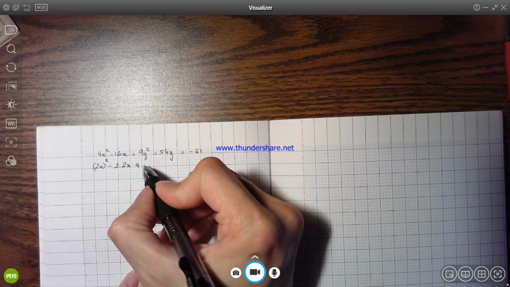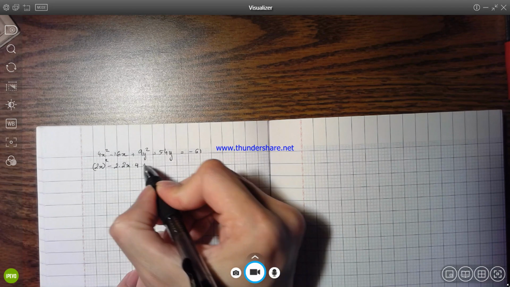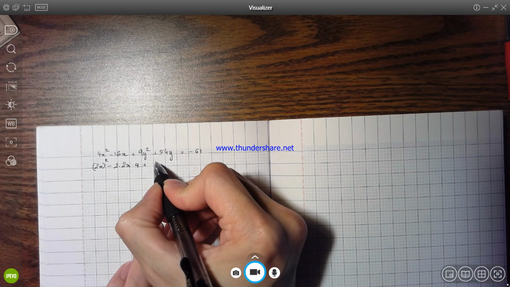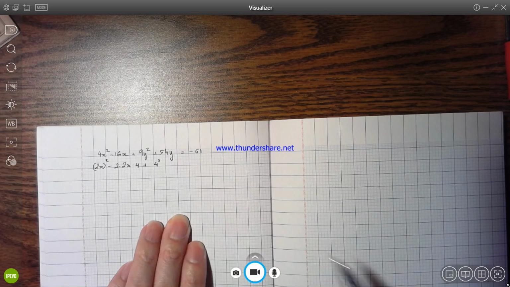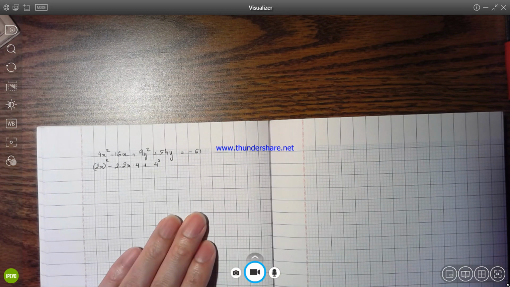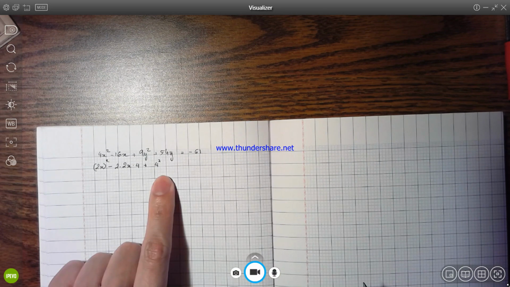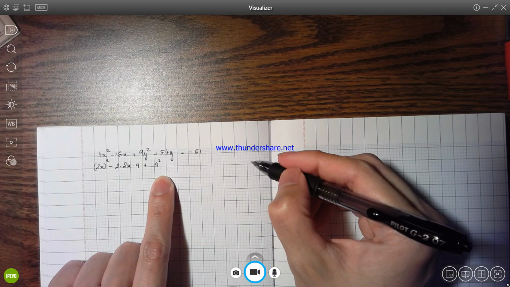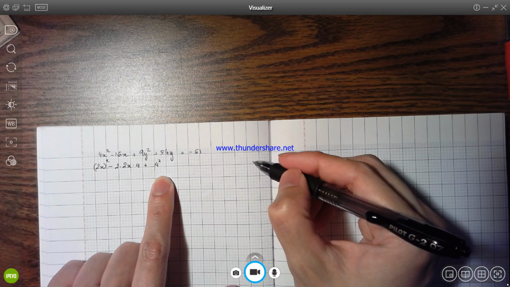Then b will be 4, and b squared is 16. So if you have 4 squared over here, you have 4 squared on the other side. I'm going to add it later.